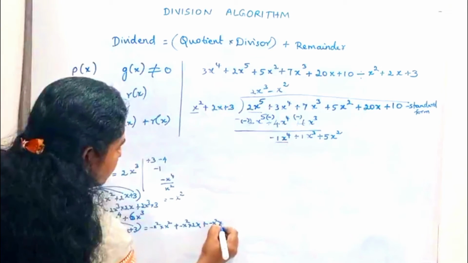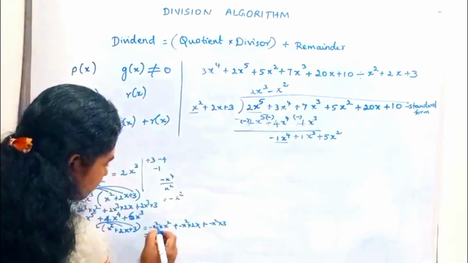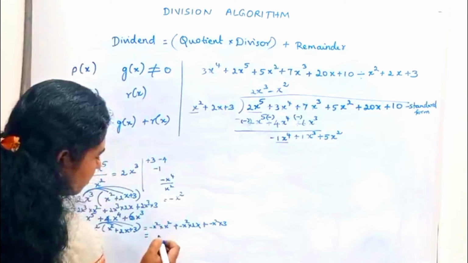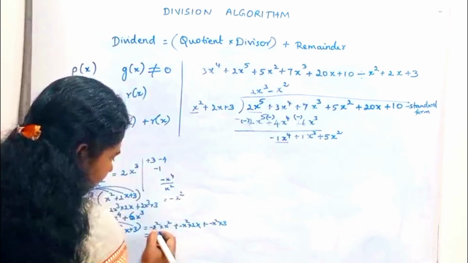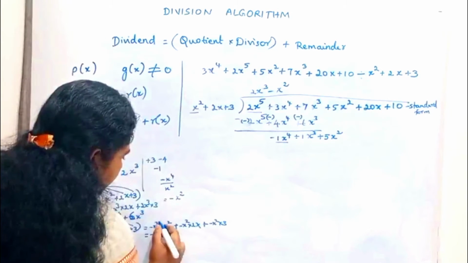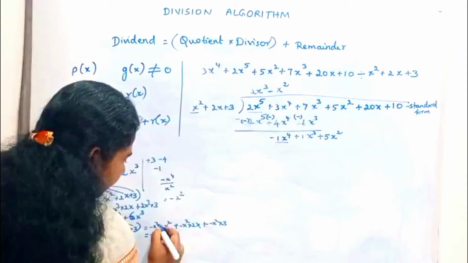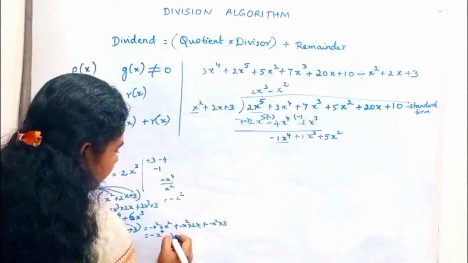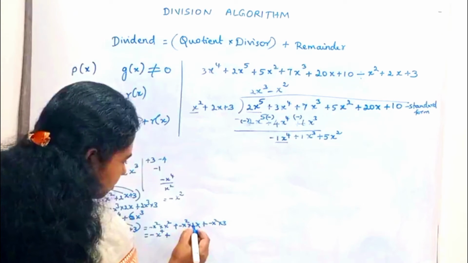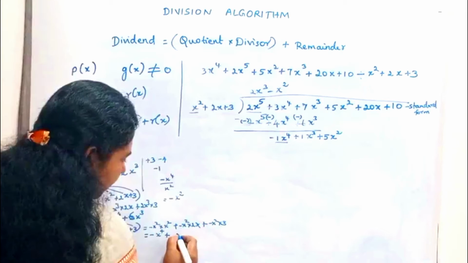Here minus into a positive number: when one number is negative, the answer will be negative. So minus x power 2 plus 2, 4. Since it is multiplication, we have to add the powers, so x power 4. And the next plus, 2 into 1 is 2.